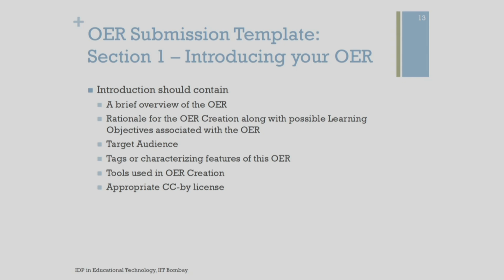It should also say the characterizing features or tags that will uniquely identify the OER. For example, you create a video on the topic of trigonometry, Pythagoras theorem. It could be a flipped classroom video, an out of class video for explaining Pythagoras theorem to your students.